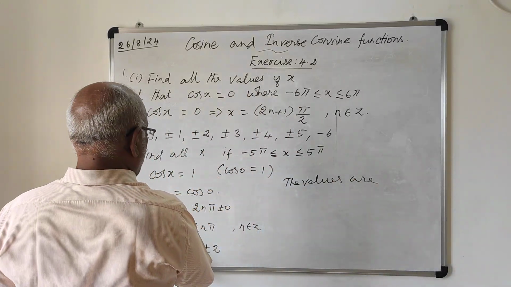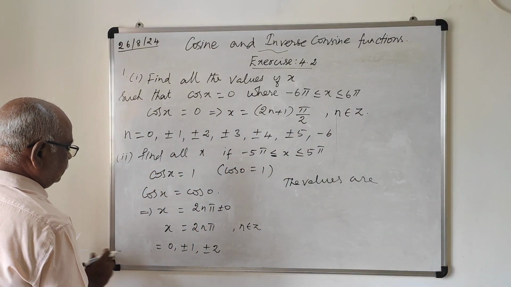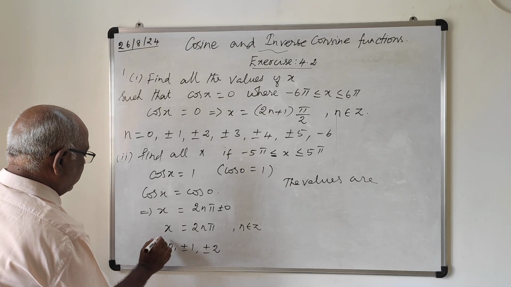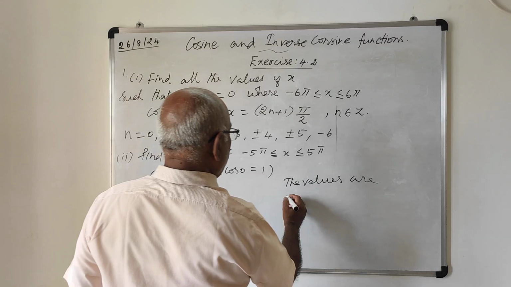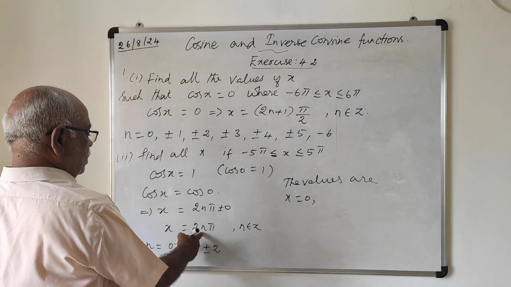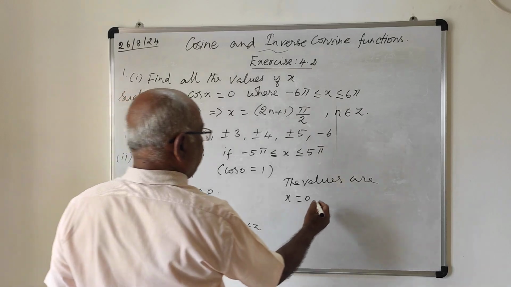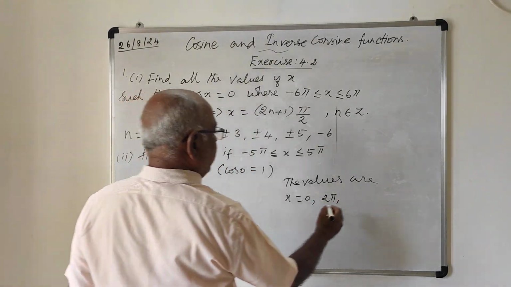The values are: when n equal to 0, x equal to 0. If n equal to 1, 2 pi, and n equal to 2, 2 2s are 4 pi.